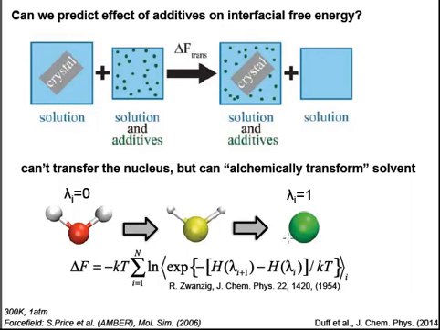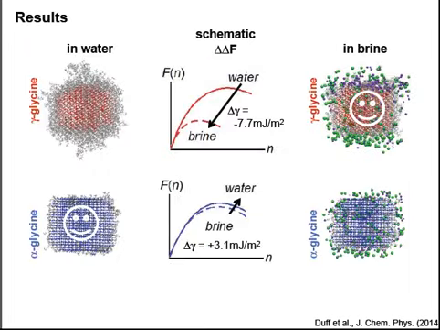Now, if we do this in many stages, we can, for each stage, account for the contribution to the reversible work for the overall process. That is a theory that goes back to Zwanzig in the 1950s, thermodynamic perturbation theory. Here's the reference by Nathan Duff, published in J Chem Phys in 2014.